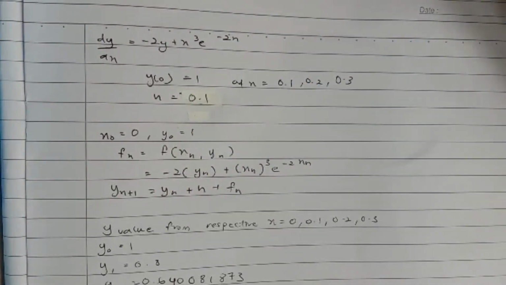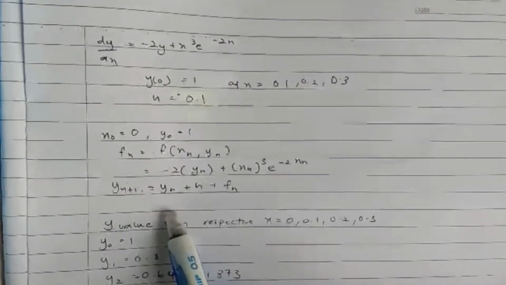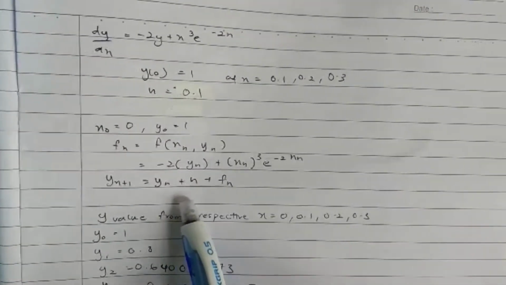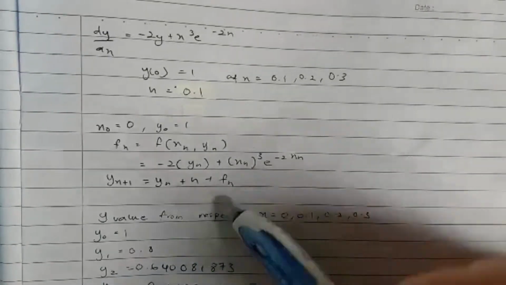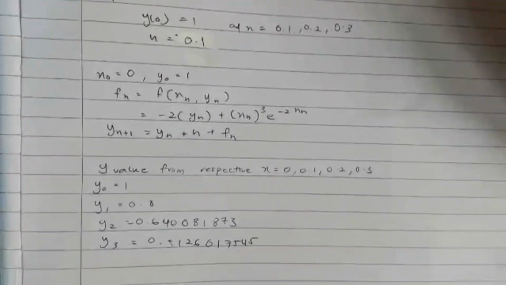After that, to find the value of y, we substitute y0 plus h times f0 here, and then you will get the value of y. This is the value that I have calculated before.